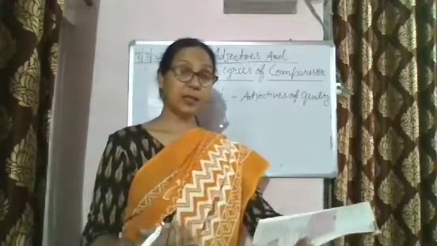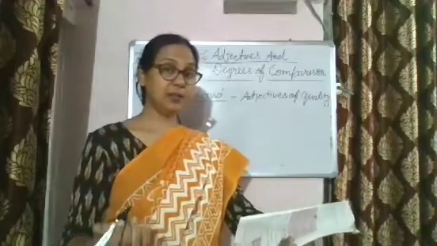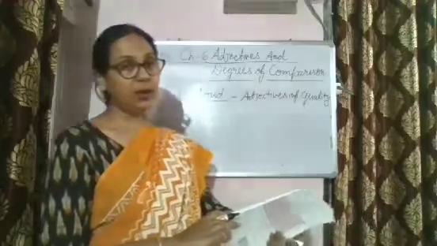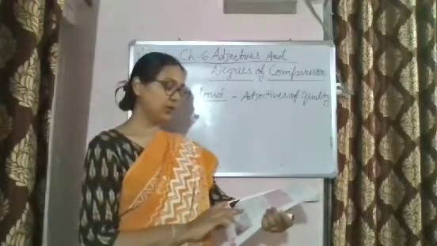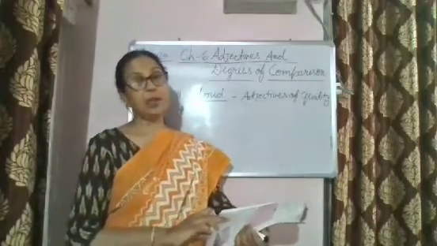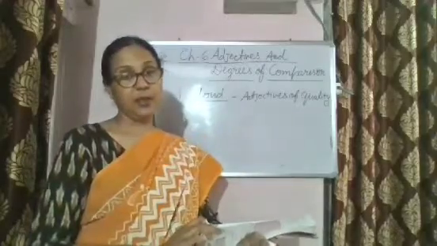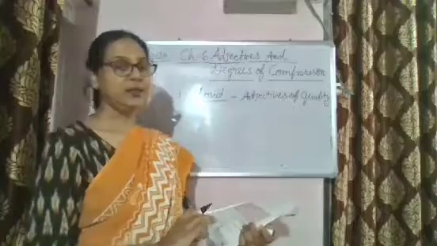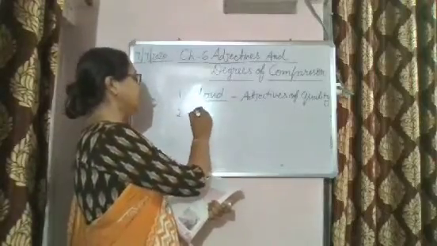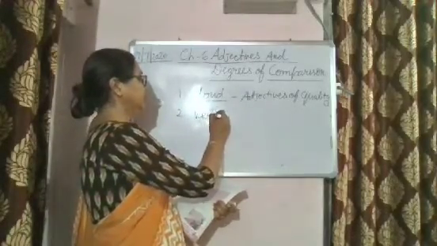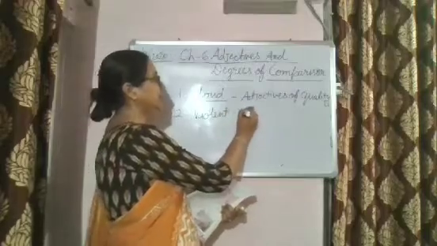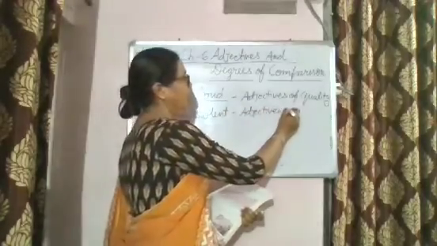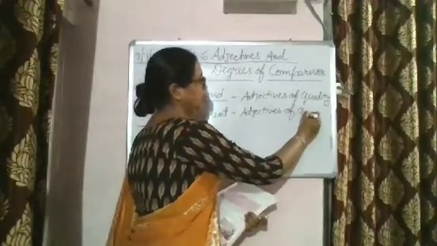Here violent is the word, and we identify which type of adjective it is. This is an adjective of quality. Second is violent, and this is an adjective of quality.